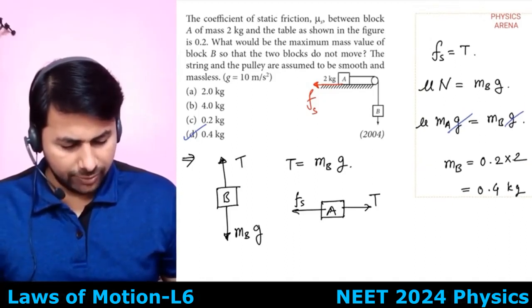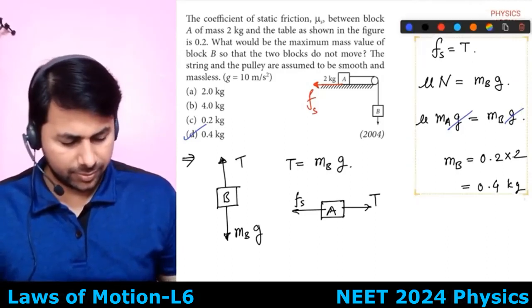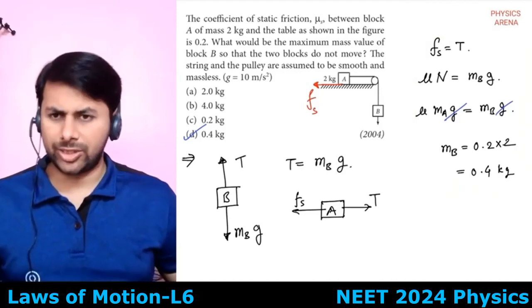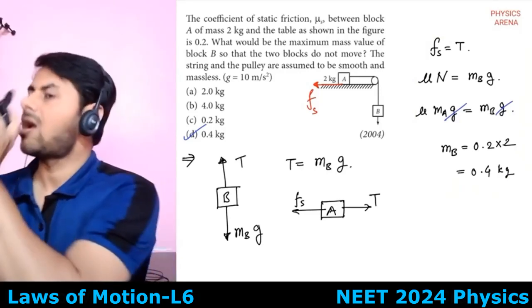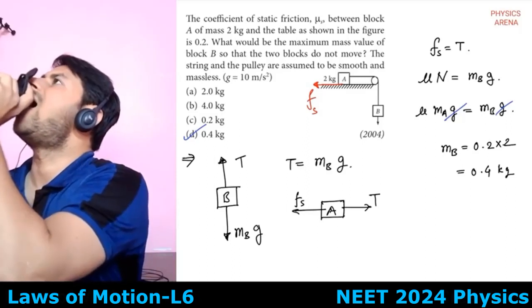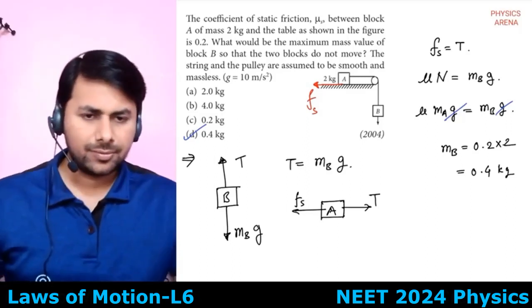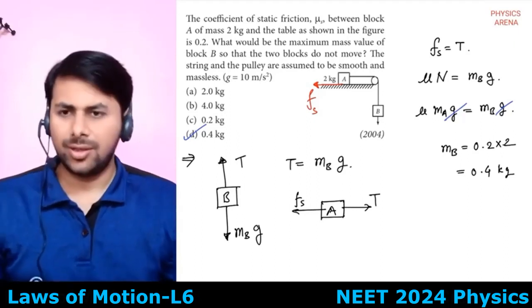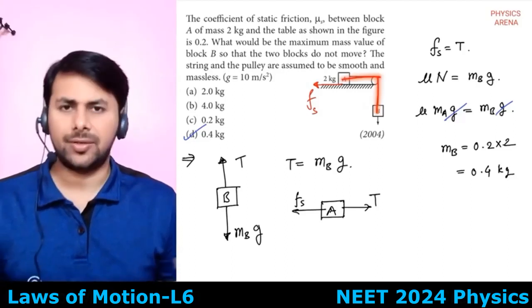Now, can we solve this faster? You have this kind of question. Can you solve this faster? See, what we can do is, this system is there.